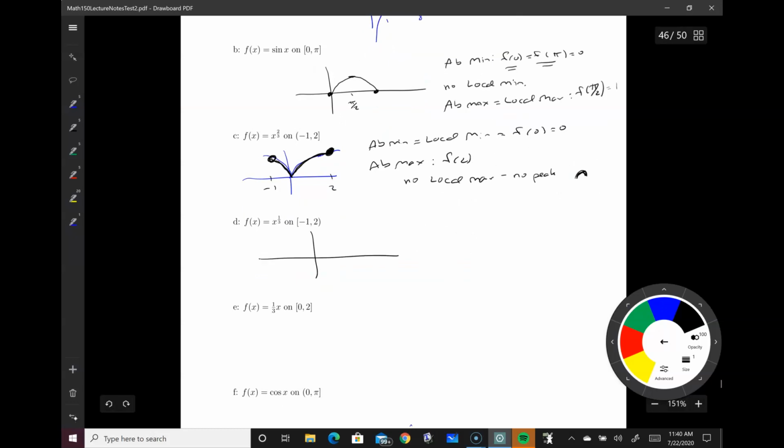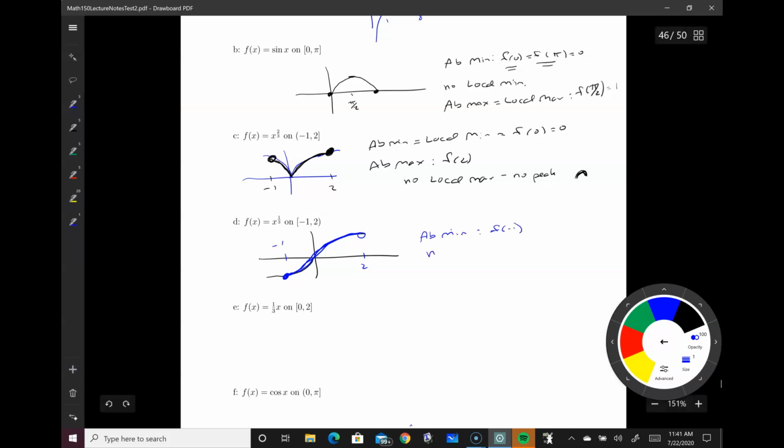x to the 1/3, you know, is a graph that looks like this. The part of the graph I want is between -1 and 2. Include -1, but don't include 2. So this is the part of the graph that I'm looking at. I can see I have an absolute minimum that's occurring at f of -1.